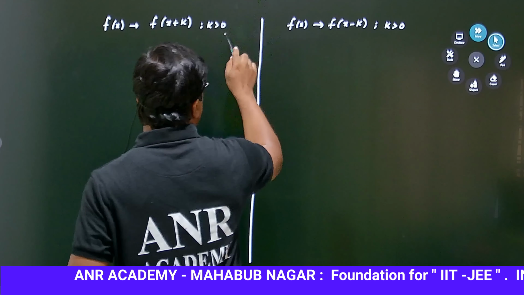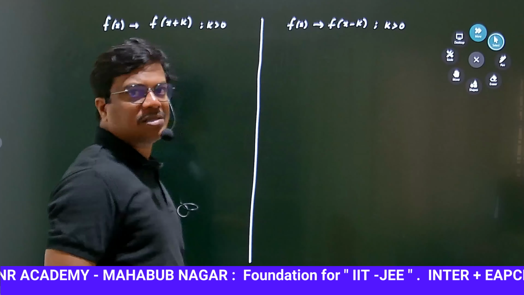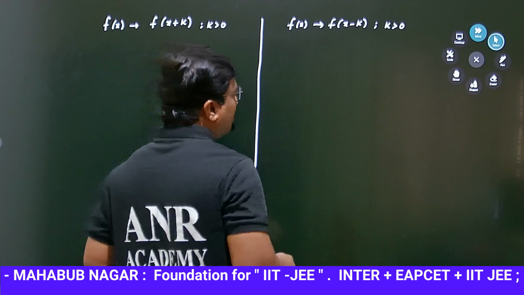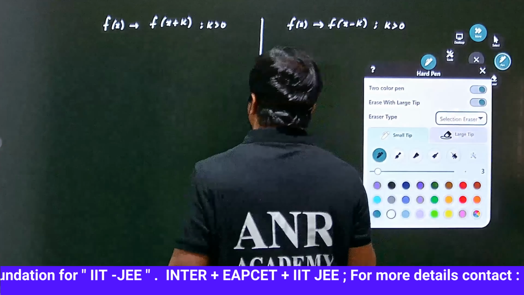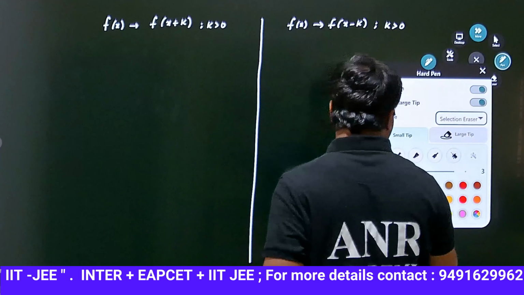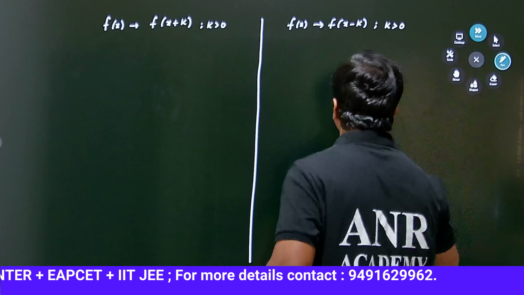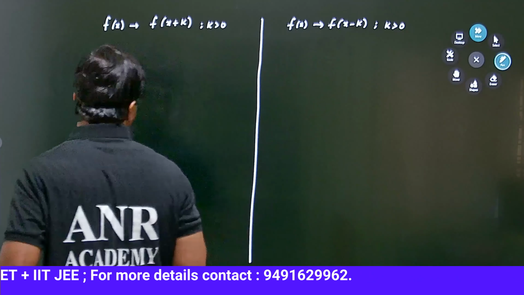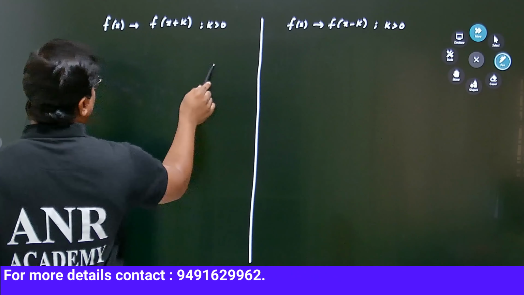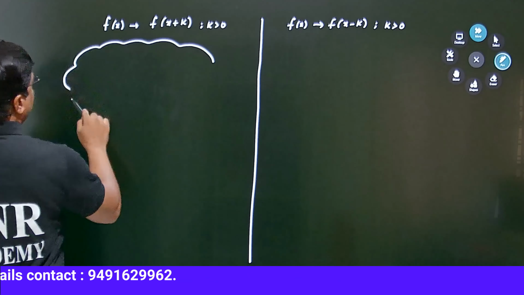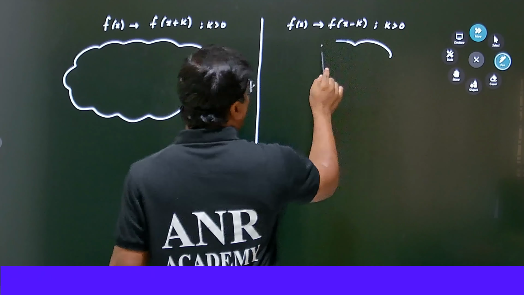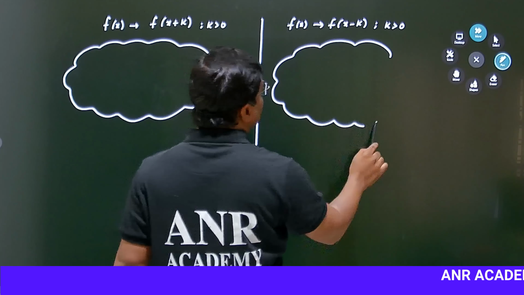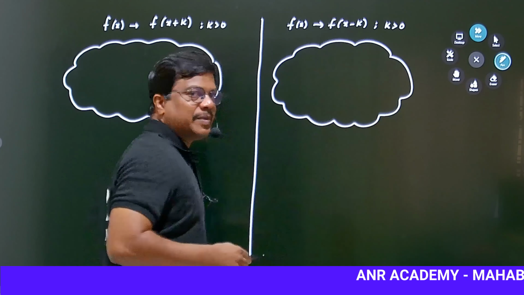Let us see these transformations. What happens when x transforms to x plus k and x minus k? Let us observe.